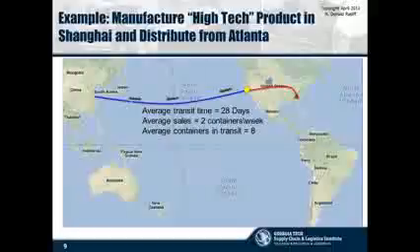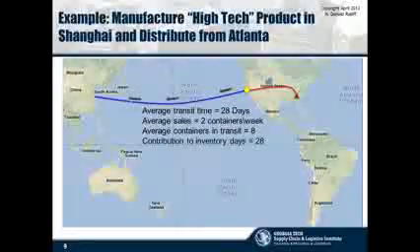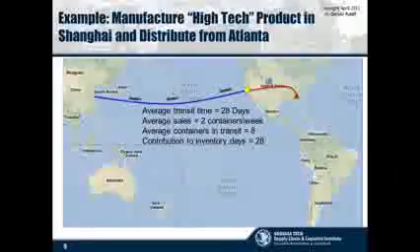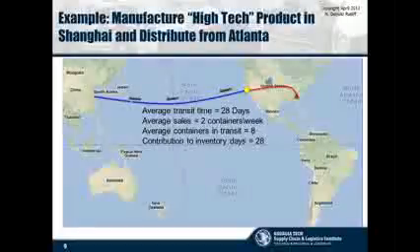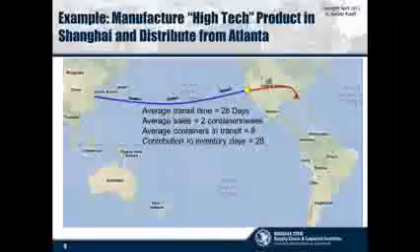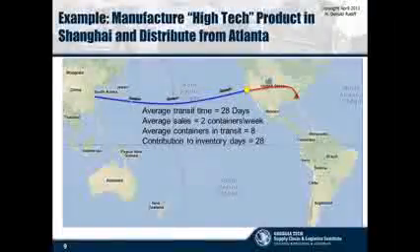It takes 28 days to get there. If it takes 28 days to get there and I'm selling 2 containers a week, then I'm going to have 8 containers in transit on average. If I look at how much it contributes to inventory days, just that inventory contributes 28 days. So I've got 28 days of inventory, in this case, just out there floating around.